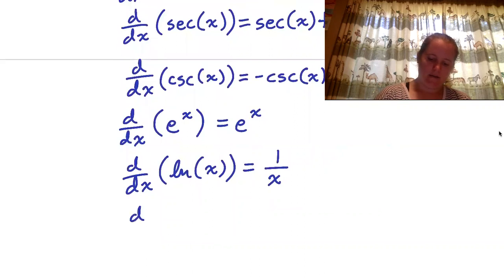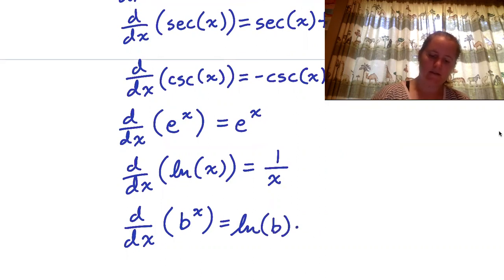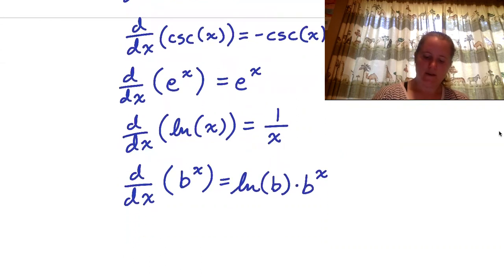And we learned this section that the derivative of b to the x was equal to the natural log of b times b to the x, for b greater than 0 and b not equal to 1.